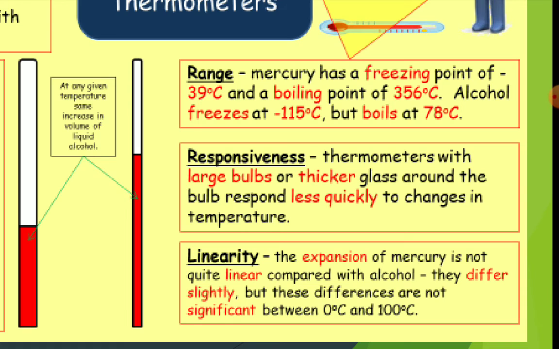Responsiveness: a thermometer with a large bore or thicker glass around the bulb responds less quickly to change in temperature. Linearity: the expansion of mercury is not quite linear compared with alcohol. They differ slightly, but these differences are not significant between 0 Celsius and 100 Celsius.